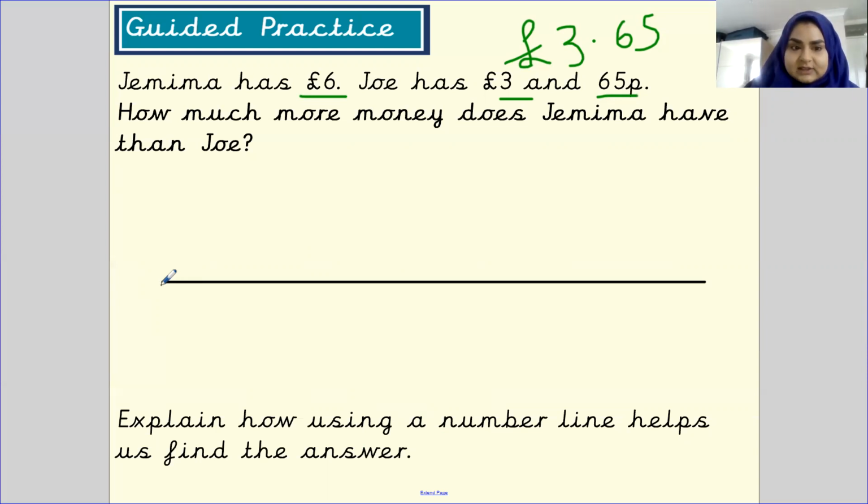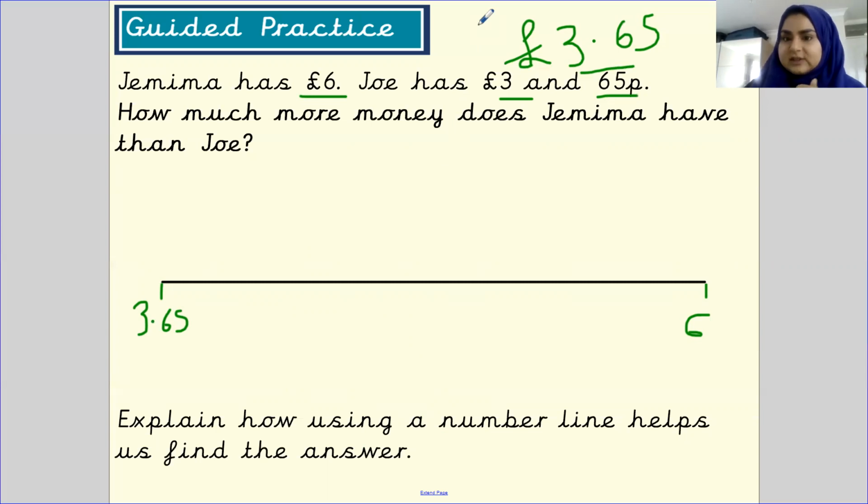Remember to always start off with whatever your lowest number is. So I'm going to put £3.65, and I'm going to stop here at £6. If you can work this out, then I will show you how I did it.